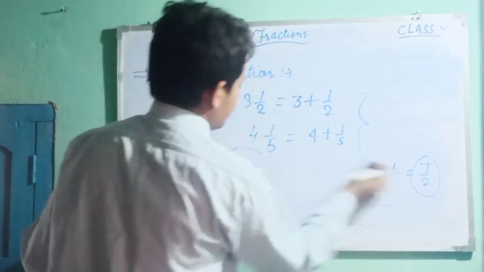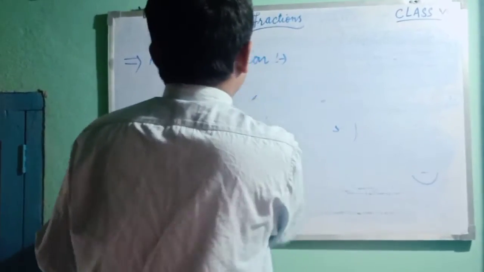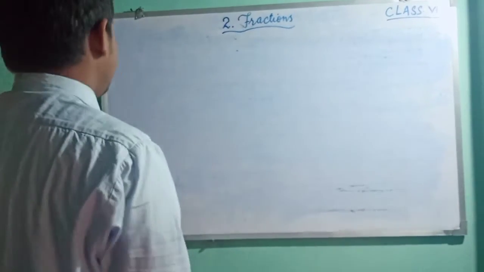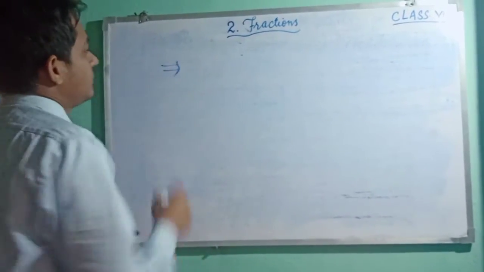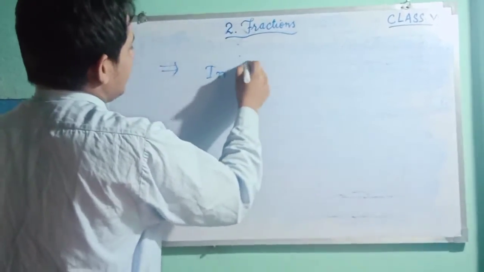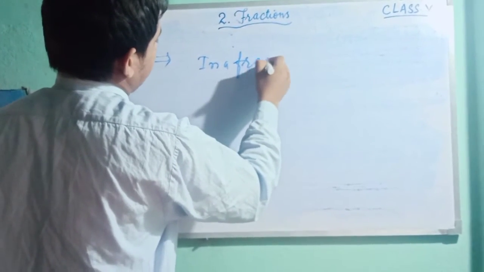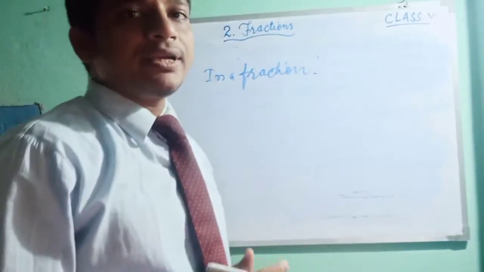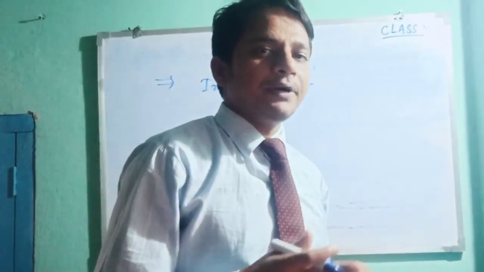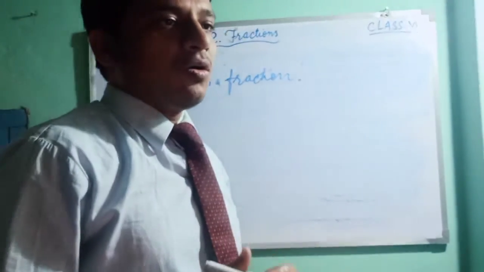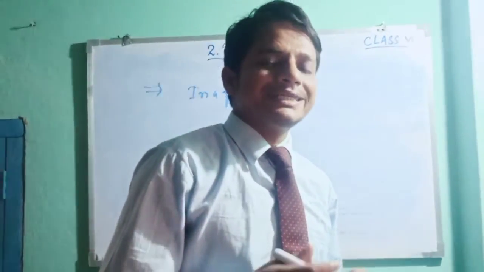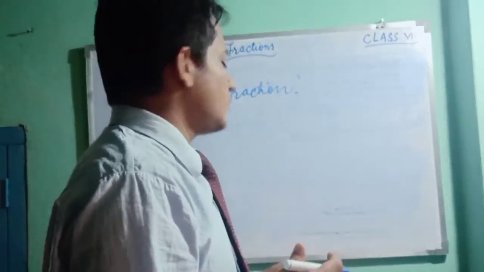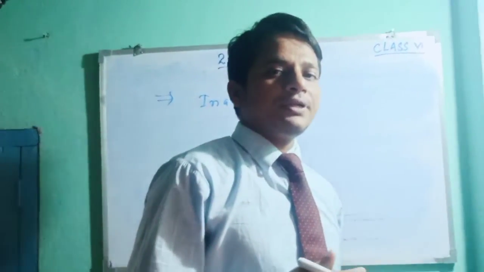Okay, now next, a property of fractions. When in a fraction the numerator and denominator are multiplied or divided by the same non-zero number, then a new fraction is obtained.